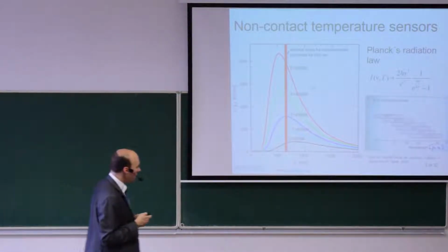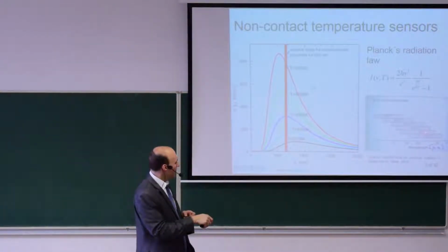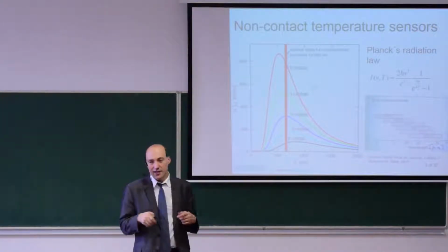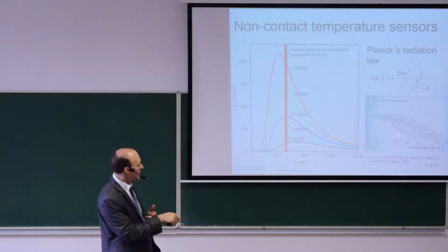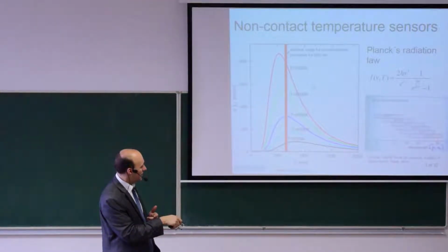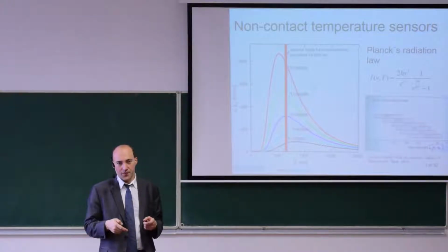So for example, if you measure objects with 0 centigrades temperature, then 90% of the radiated energy is somewhere between, let's say, 7 and 50 micrometers.